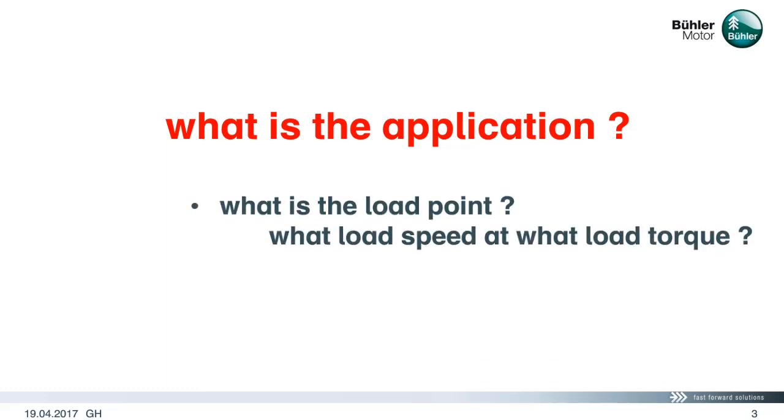It is the load point, which will basically define the performance curve, and the voltage at which the motor will be operated. If we recall the basic training sessions, we know that the load point is the motor speed at a certain torque load. For a first and basic selection of a motor, the knowledge of the load point is sufficient.